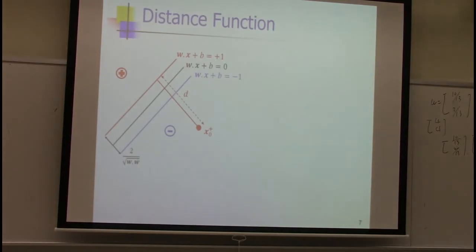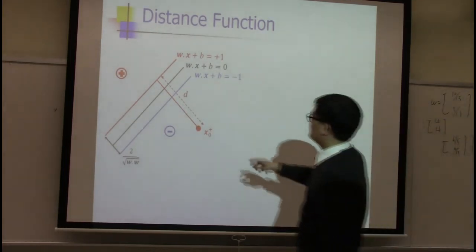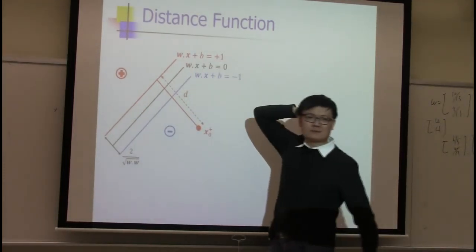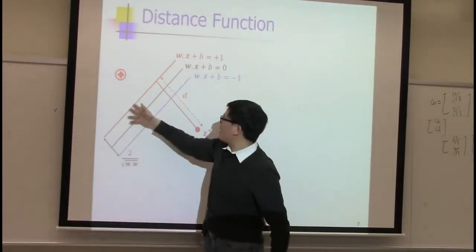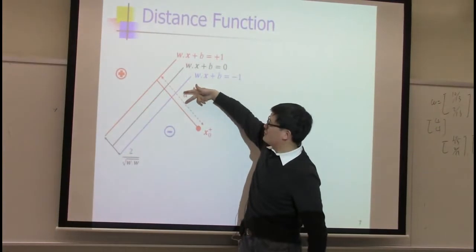Before we talk about how to handle this non-separable case, we need to somehow measure the classification error. Okay? The classification error in this case can be measured based on the distance of this red point to the red line, +1. Because if the point is above this line, the distance should be 0.